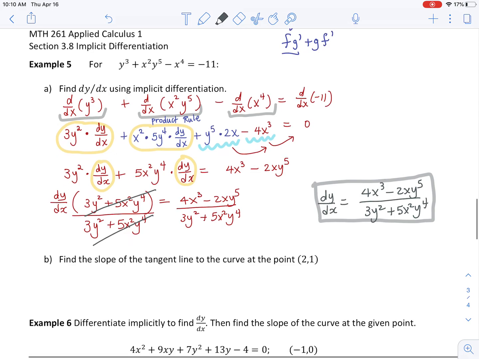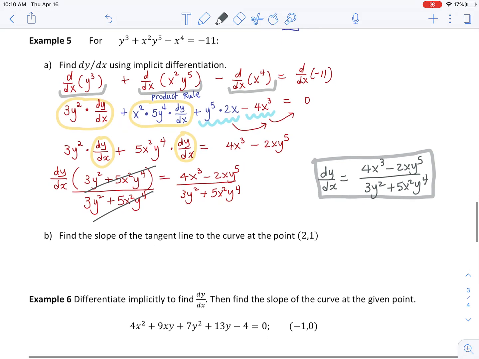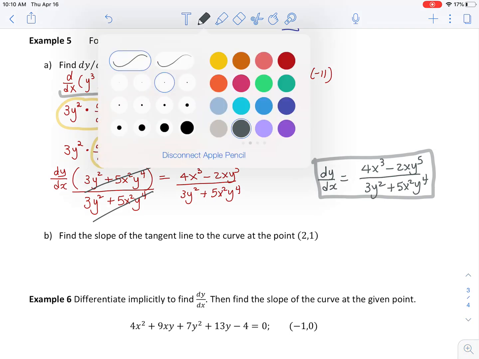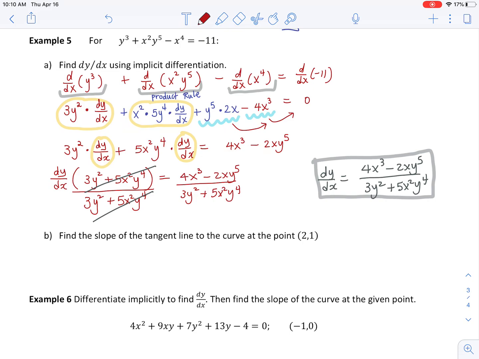All right, we found the derivative implicitly. It still got the letter y in it, but that's okay. We did it implicitly. Find the slope of the tangent line to the curve at the point (2, 1). So plug in 2 into x, plug in 1 into y. That's what we're going to do.